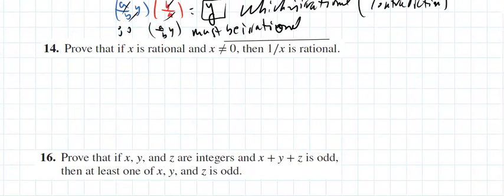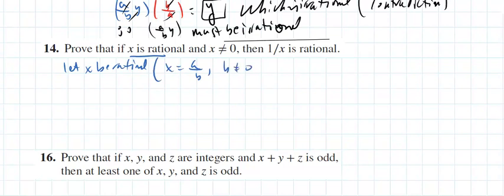So, looking at 14, prove that if x is rational, let x be rational. That means automatically that x equals some a over b, where b does not equal 0. And since they're saying x cannot equal 0, that means a does not equal 0, because 0 over any non-zero number is 0.